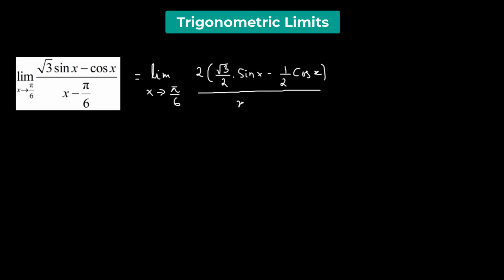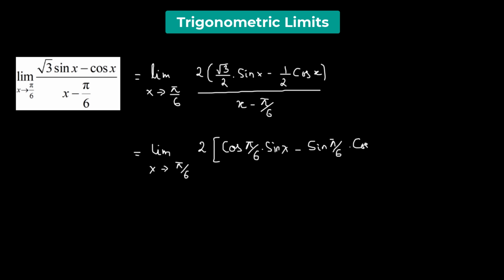divided by x minus pi over 6, which will be equal to limit x approaching pi over 6, 2 times, so square root of 3 over 2, instead of writing that, we can rewrite it as cosine of pi over 6 times sine of x, minus half, which can be replaced by sine pi over 6, that is sine 30 degrees, times cosine of x, divided by x minus pi over 6.